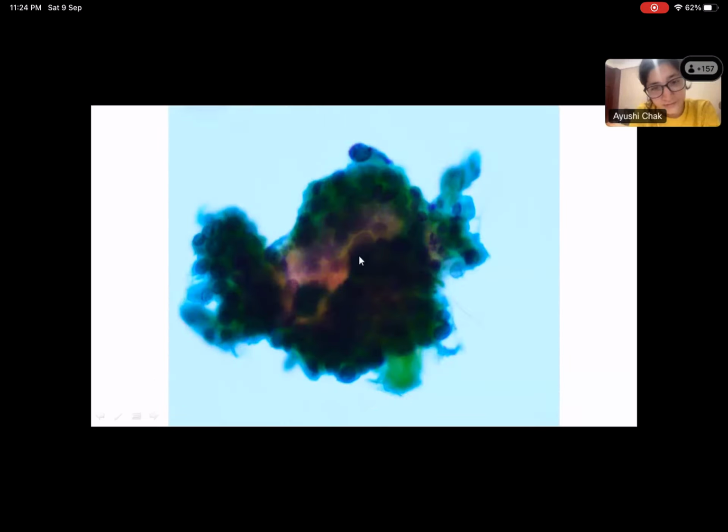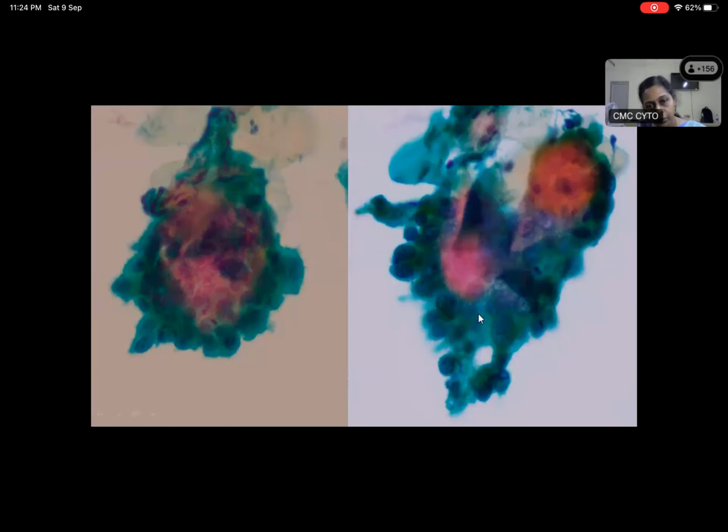This cluster is very much crowded, but at the periphery you can make out the chromatin. You can make out some chromatin here, and you can see that it is still not that coarse. It is still finely granular chromatin. So this will also fall under atypical, NOS.